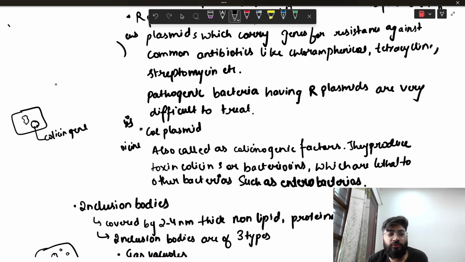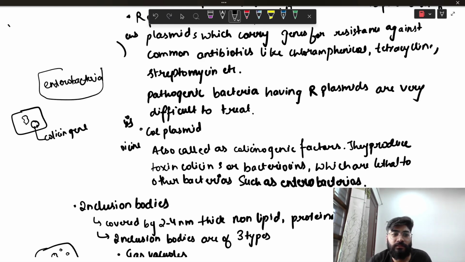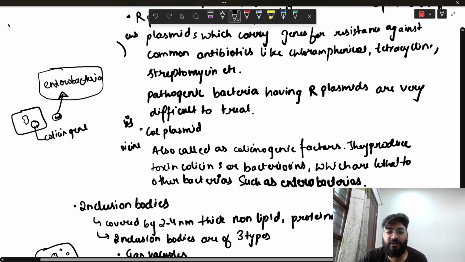When that bacteria survives inside a colony that has other bacteria such as enterobacteria, this colicin gene is going to create the col toxin, and this col toxin is going to kill the enterobacteria. So it is kind of survival of the fittest. The reason this bacteria kills other bacteria is because it wants all the nutrients for itself.